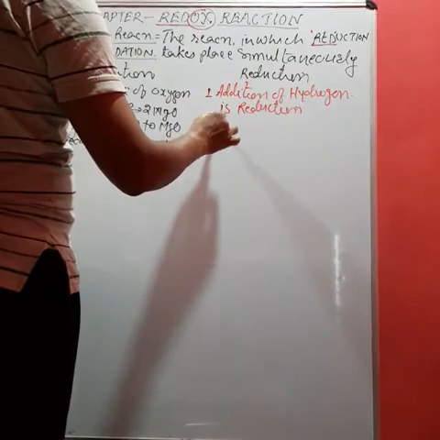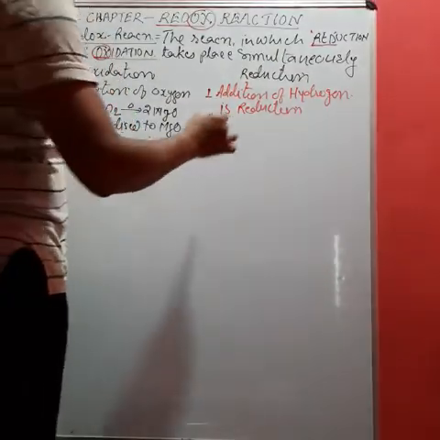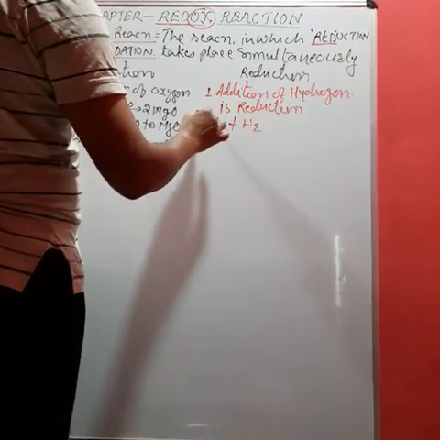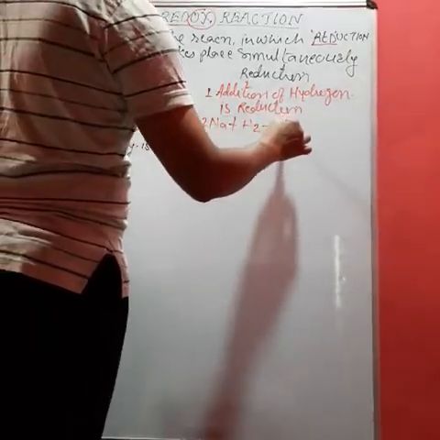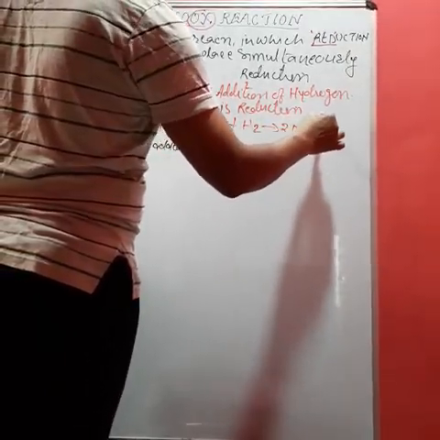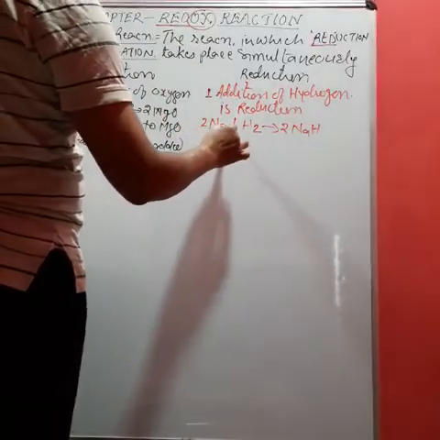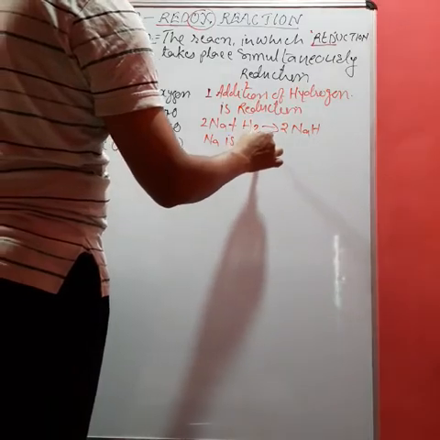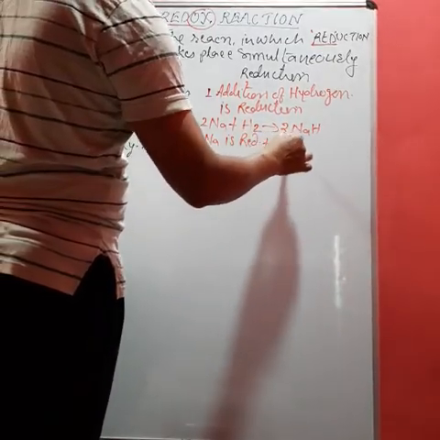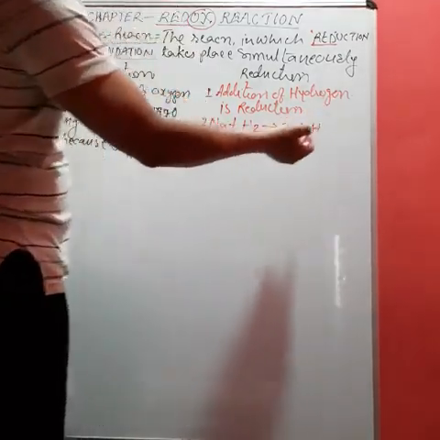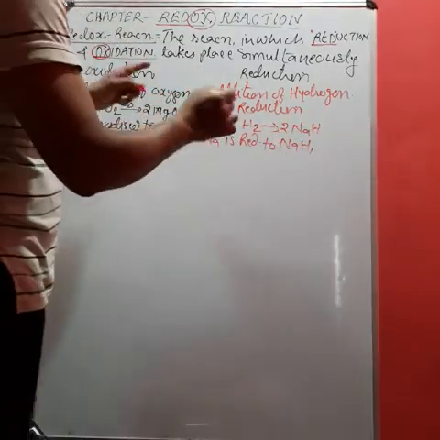Like here, when sodium reacts with hydrogen, that is H2, 2Na plus H2, it becomes 2NaH. So what we can say? Na is reduced to NaH, because hydrogen is added to it.